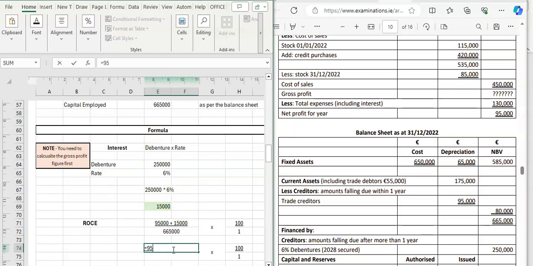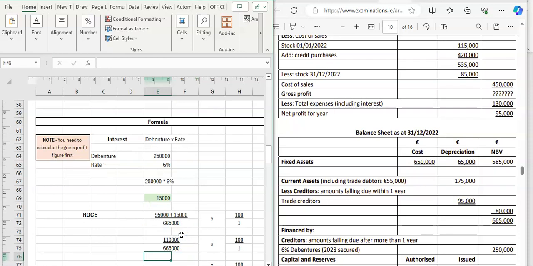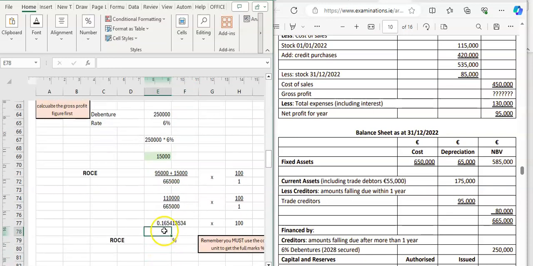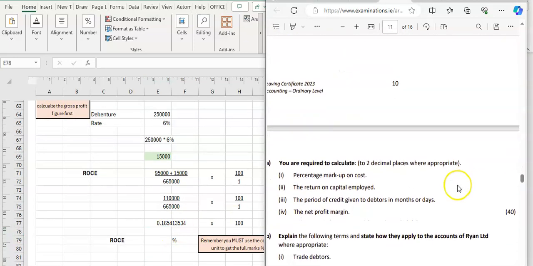So 95,000 plus the 15,000 is 110,000, and that's all divided by 665,000. So 110,000 divided by 665,000 gives us 0.1654. Remember, in the question it's asking you to do it to two places of decimal.